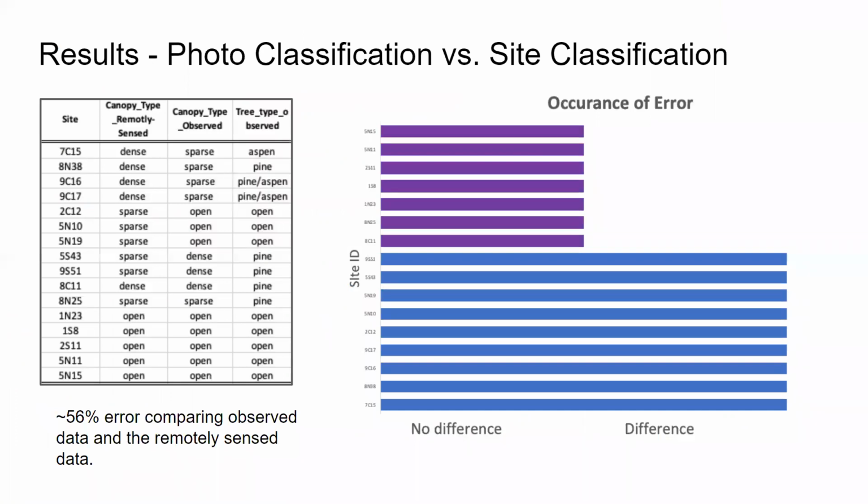Essentially, this is what I found from the photo classification and the site classification. There was a 56% difference between what was observed and what was classified based on the remotely sensed data. I tried to put this into a simple visualization here.